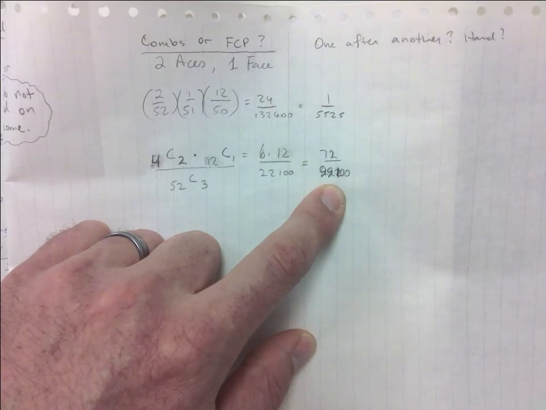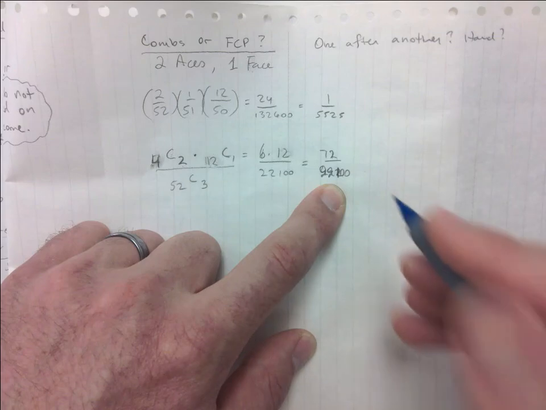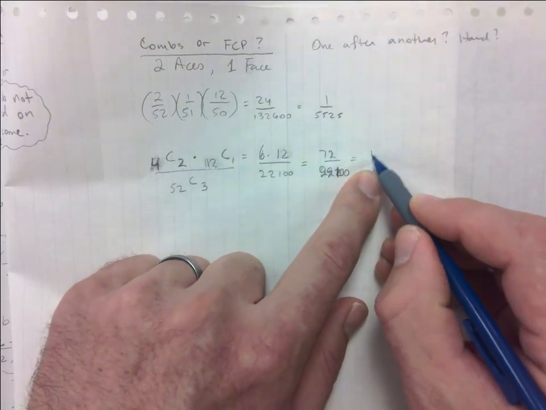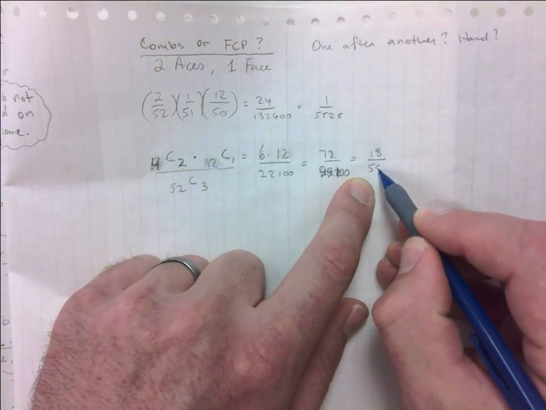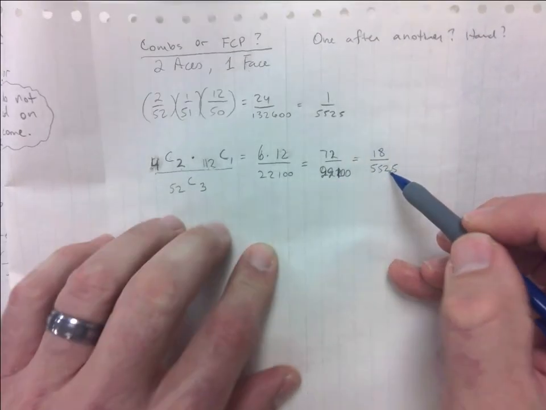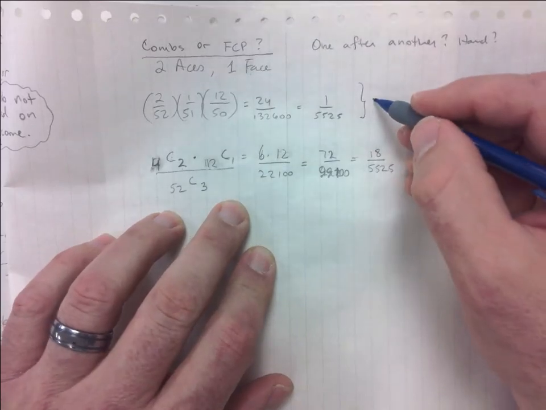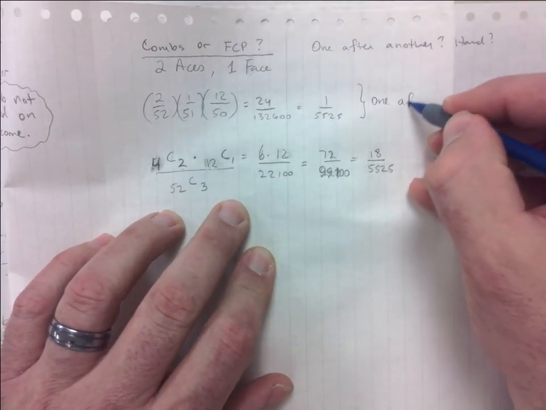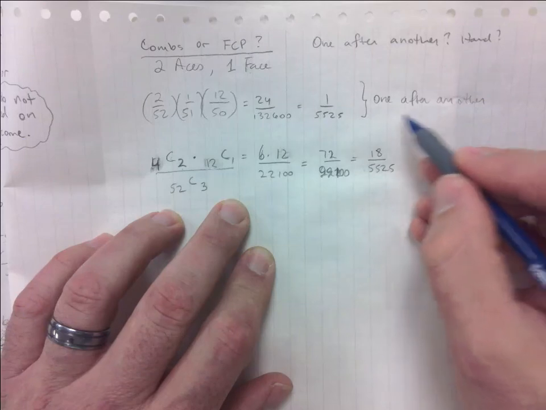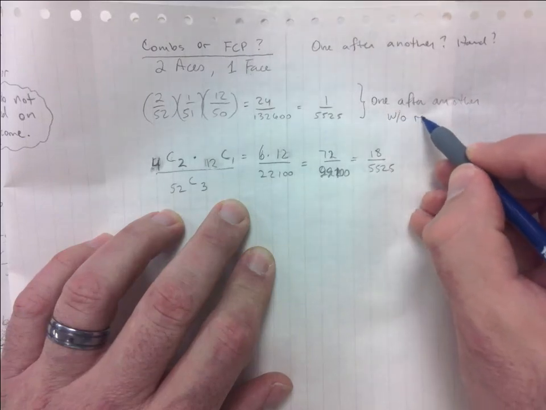Sorry about that. I didn't think of it sooner. So this one reduces to 18 out of 5525. So you notice that the answers are different. So this is only if one after another, without replacement.